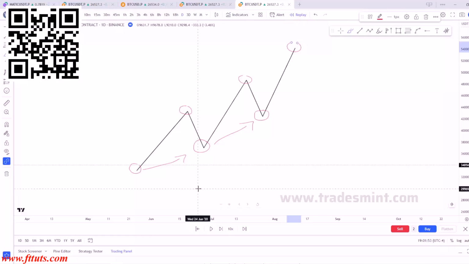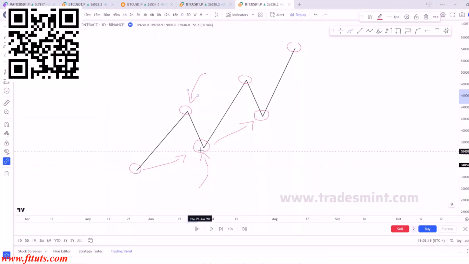The job of a low in an uptrend is to take out the high that created it, which would be this high. If it does so with a candle body close, then this low, or rather higher low, is now considered a protected low. Okay, we'll be getting into that more later on.